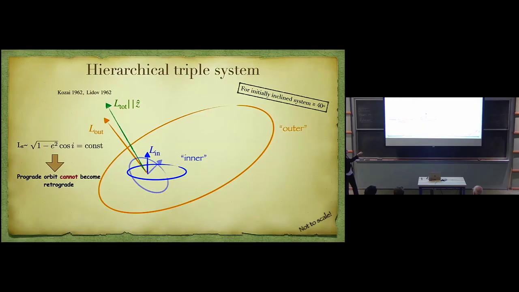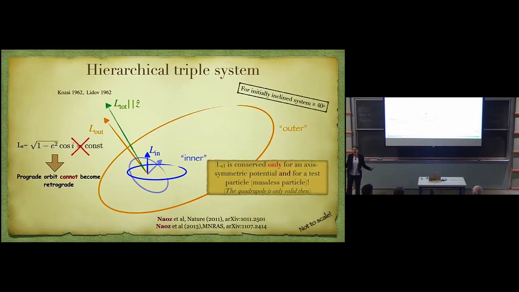To make a very, very long story short, we showed that there was a problem in the 60s calculations. This is only correct if one of my stars is a test particle and if the outer orbit dominates the system, dominates the potential, and it's circular.